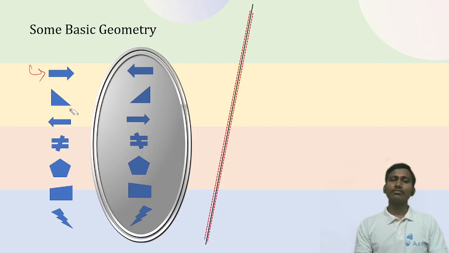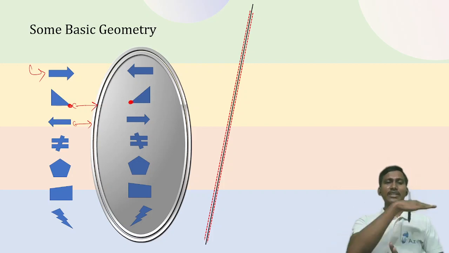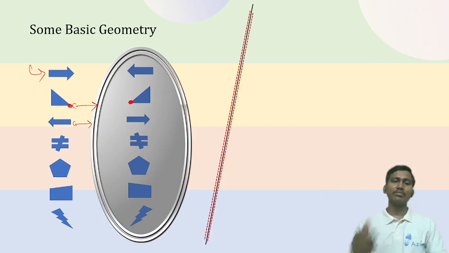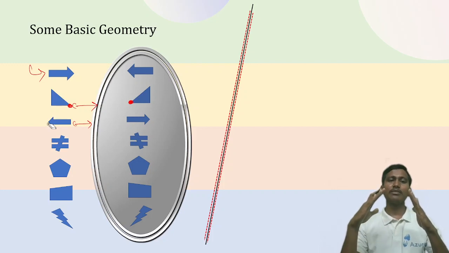Now this triangle: near the mirror is this point, so this point will come here, that is the vertex. Understood? That is how you have to remember. And this is pointing away from the mirror, so it should be away from the mirror. Can you see here like this? And this is the not-equals-to symbol. If it is like this, then it will be like this in the mirror image.